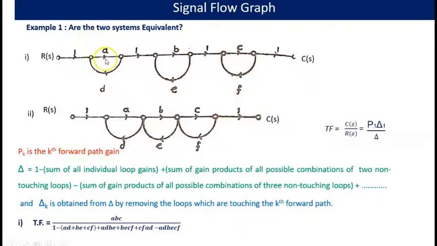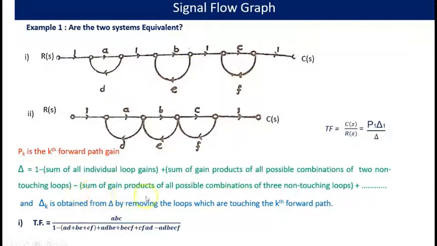For these two loops, the gain product is BE into CF, and for these two loops, it is CF into AD. So the sum is AD BE plus BE CF plus CF AD.